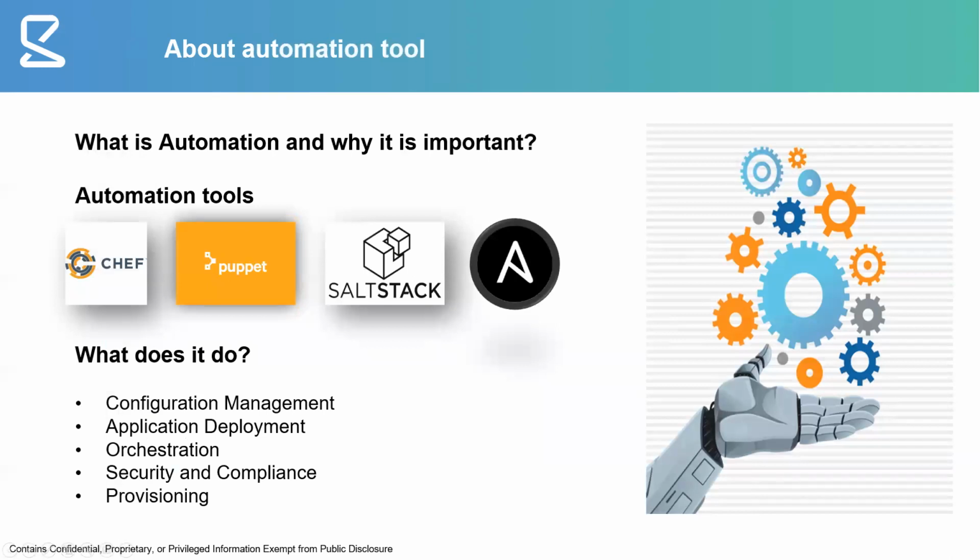Okay, so from this part, I'm going to talk about automation. So what is automation and what's important in IT? Automation is a technique used to build a system that is able to work independently with little or no human assistance. So let's take an example.